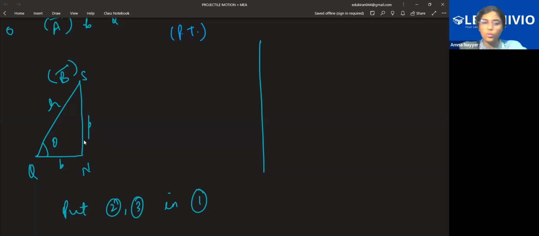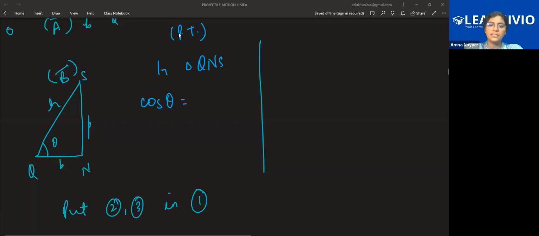Here is the QN, that is the base. Class, in triangle QNS, if I take cos theta, what would be the cos theta in this triangle? Yes, Shaima?